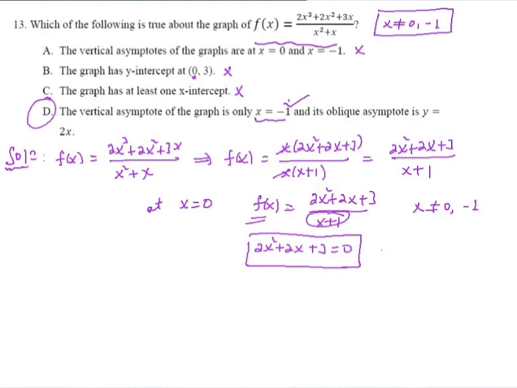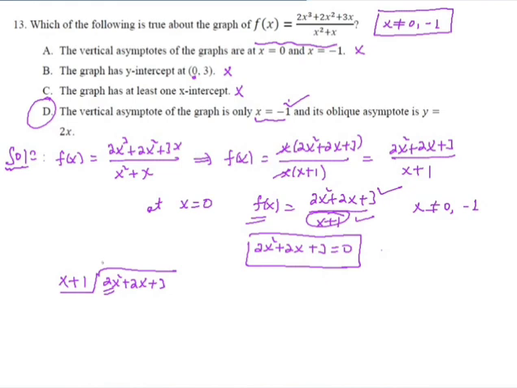The oblique asymptote is obtained by dividing the numerator by the denominator. So when you divide 2x squared plus 2x plus 3 by x plus 1, you can use polynomial division.